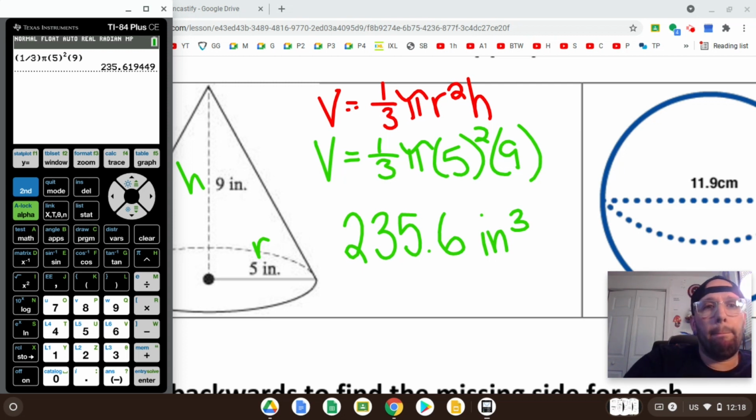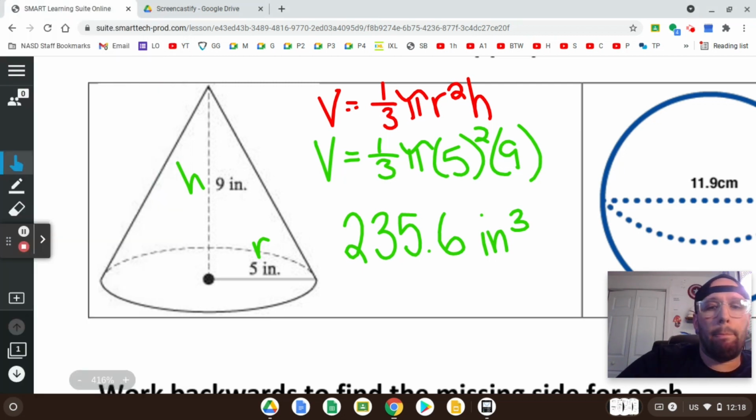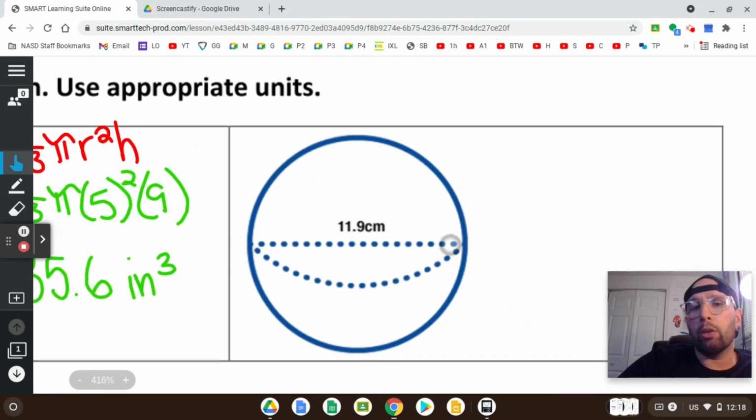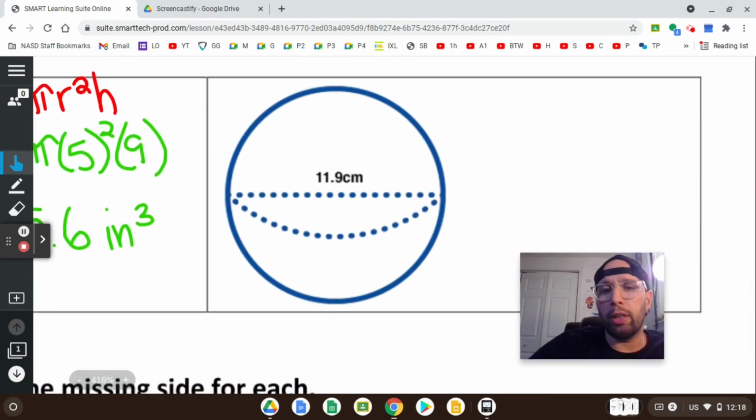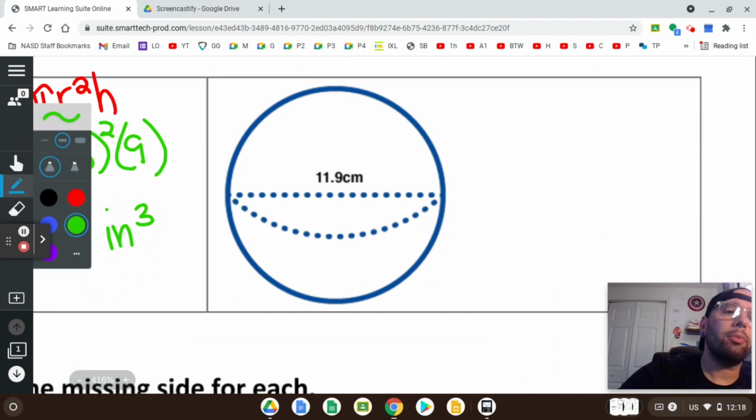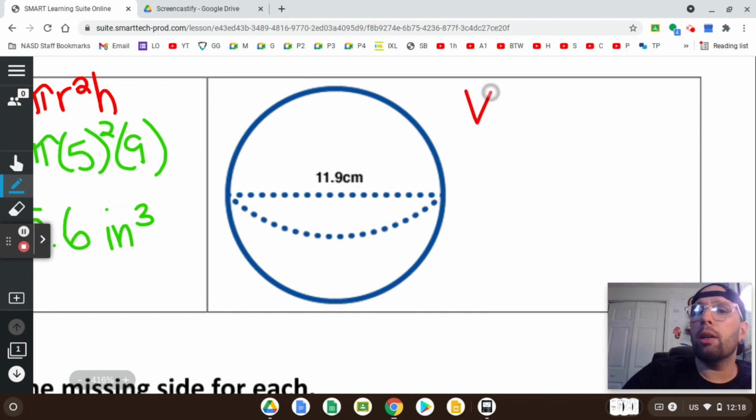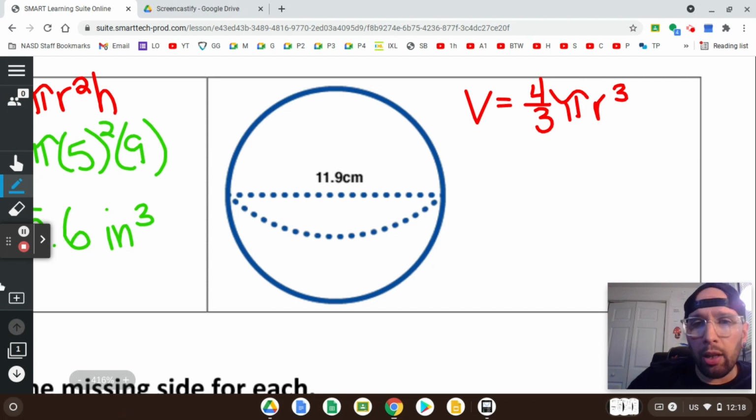All right. You are a sphere, a regular sphere. V equals 4/3 pi r cubed. Now you have to be careful. See that 11.9? That's not the radius.